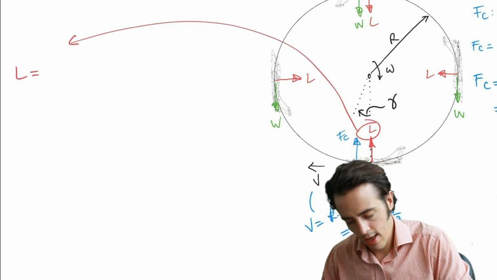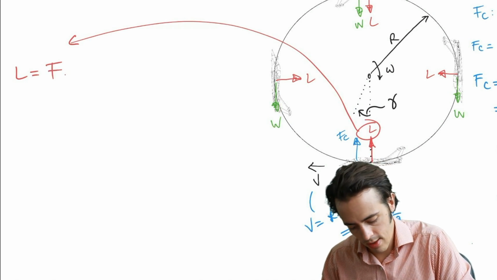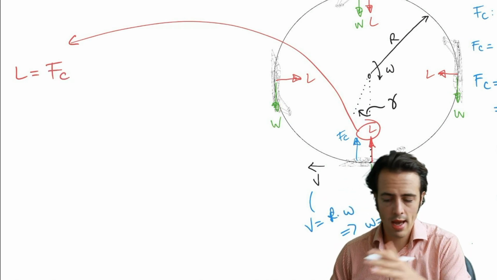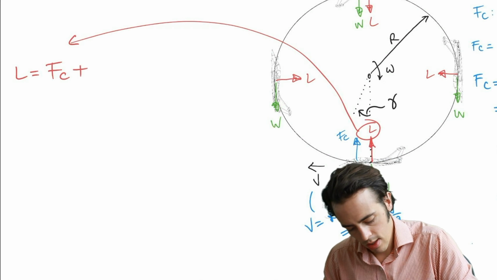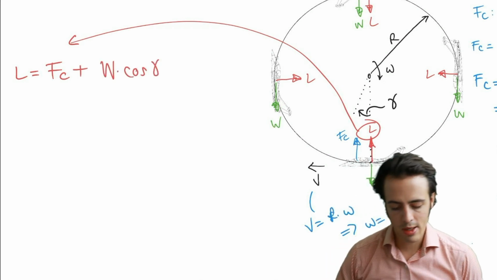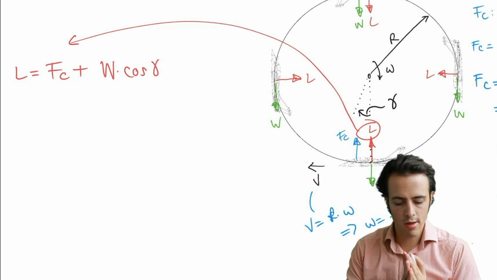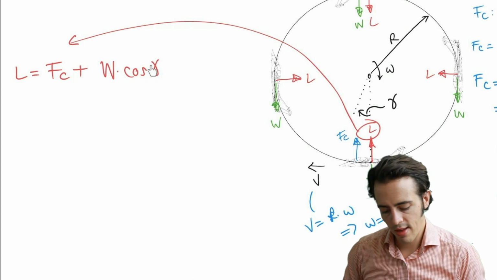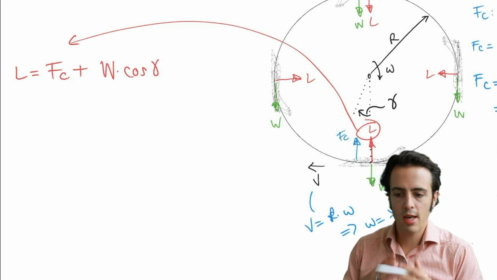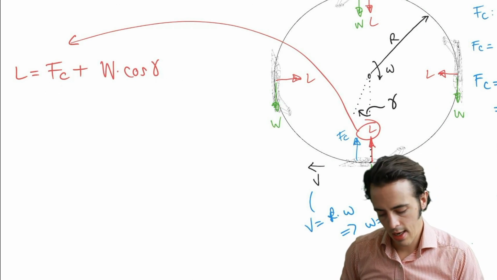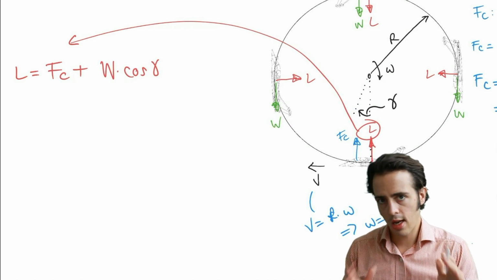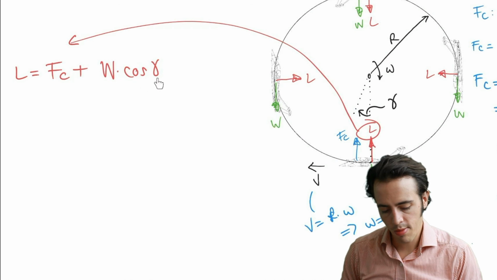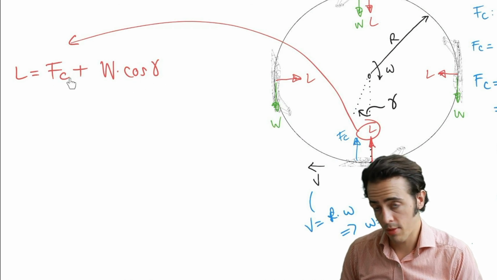The lift has to be equal to that centripetal force that's produced to maintain the circular arc, plus the weight multiplied by cosine gamma, where gamma is the position through the loop. So we can appreciate that at 0, the loop entry, this is equal to 1, so it's equal to Fc plus the weight. And then at the top of the loop, it's going to be Fc minus the weight, and at the two other positions, this is going to be equal to 0, so it's just going to be equal to Fc.